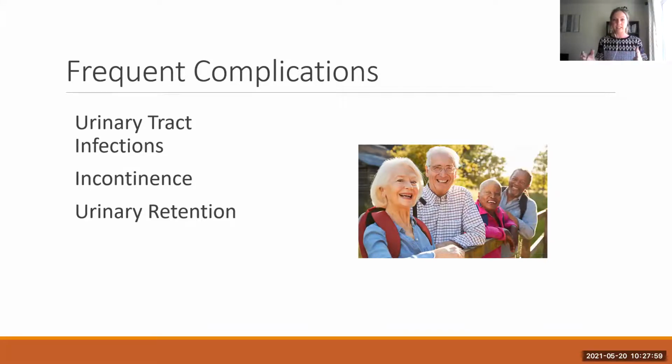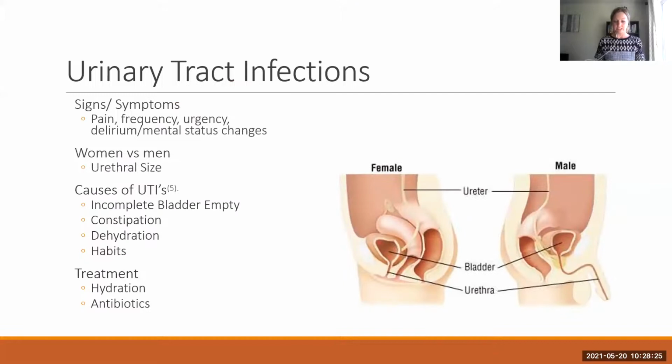At any point where there's an infection in the urinary tract, it's a urinary tract infection. It becomes most serious if there's an infection in the kidneys. Incontinence is the inability to control your bladder, resulting in leaking of urine. Urinary retention is when somebody has difficulty urinating and cannot fully empty their bladder. And now let's talk about each of these things.